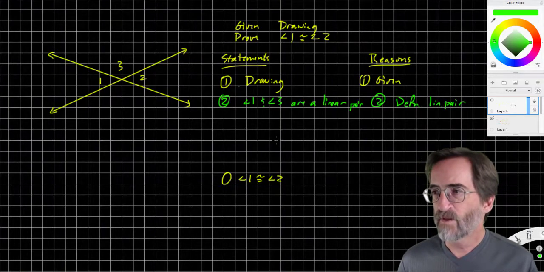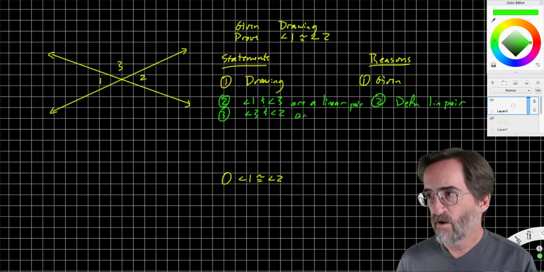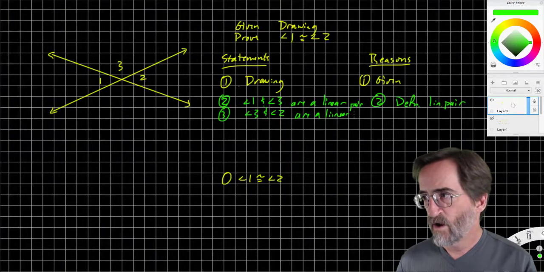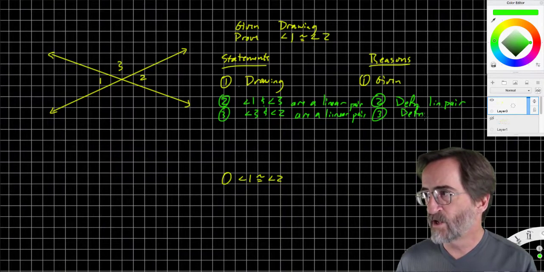Statement 3, same thing: angle 3 and angle 2 are a linear pair. How do I know? Definition. Notice every statement gets a reason, linear pair.